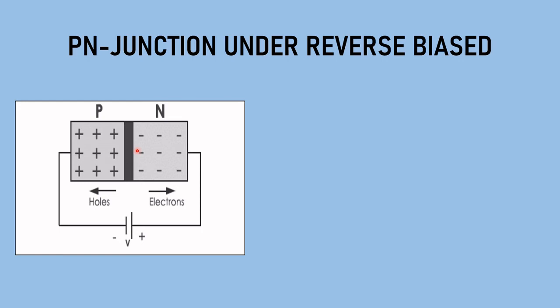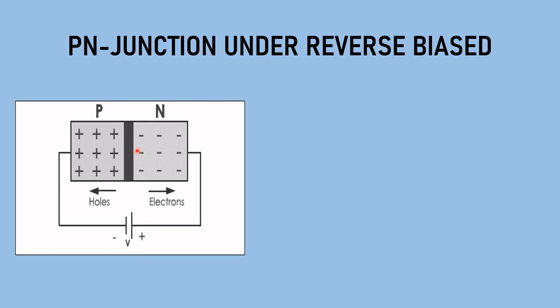So this is the condition under reverse bias. The current that exists under reverse bias condition is called the reverse saturation current, and it is due to the minority carrier flow. The reverse saturation current is in the range of a few microamperes.